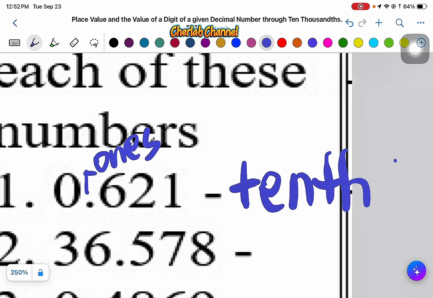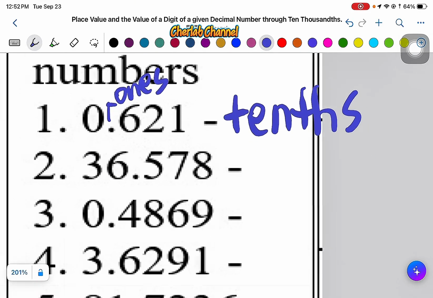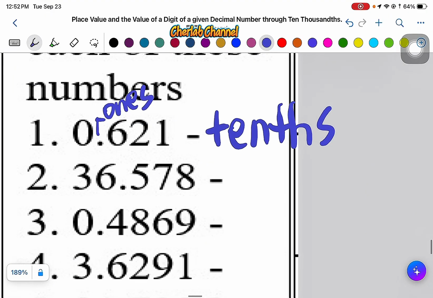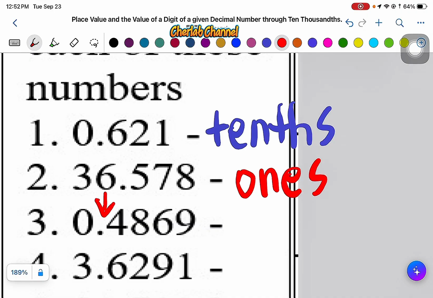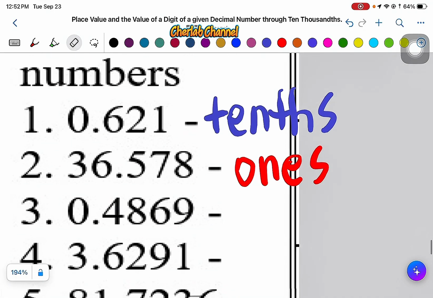Very good. Tenths with THS. Next, we have the decimal point. Asan si 6? Papuntang kaliwa. Meaning, we are looking for a whole number. So, ones is the place value of number 6.